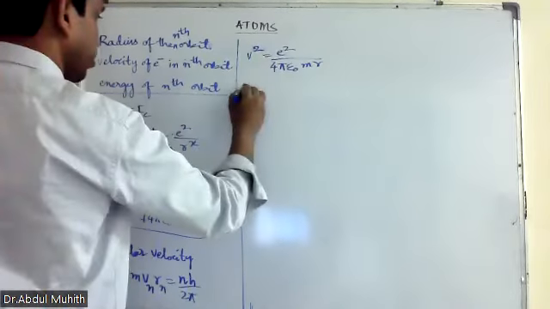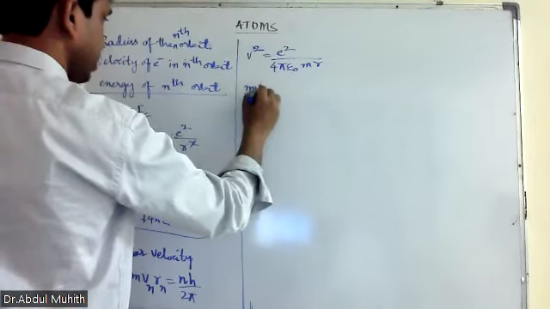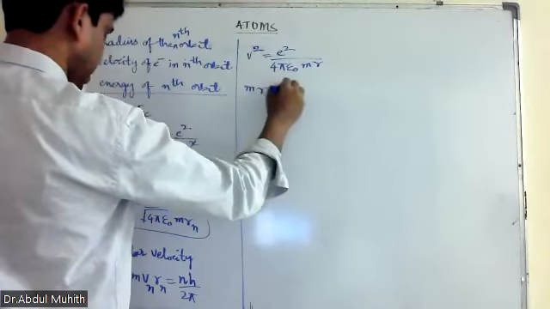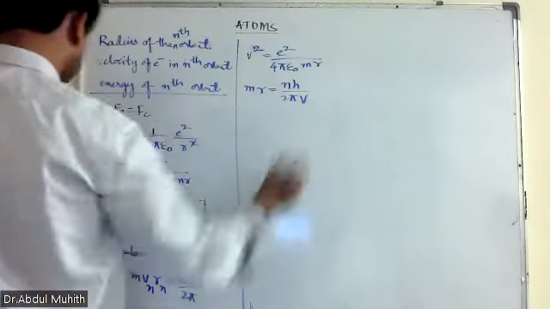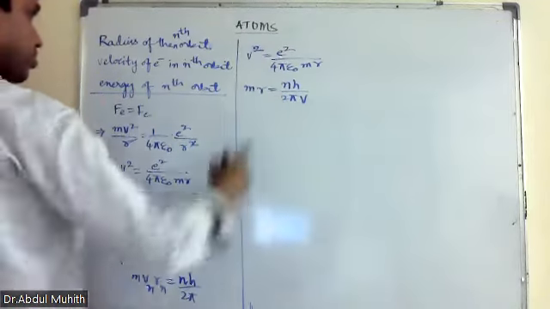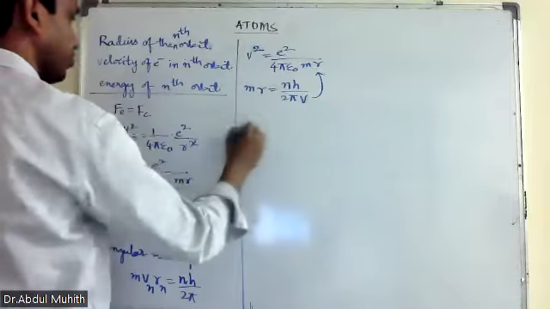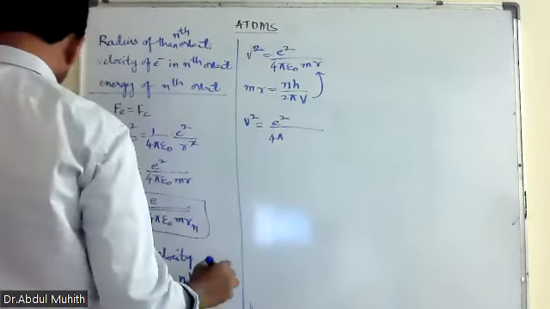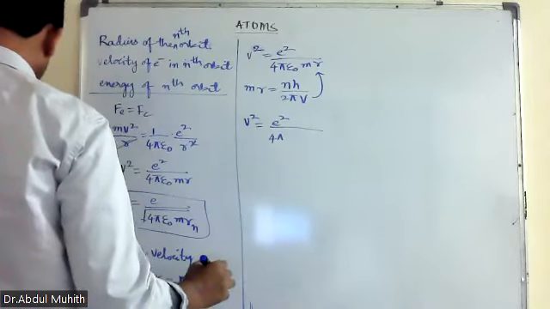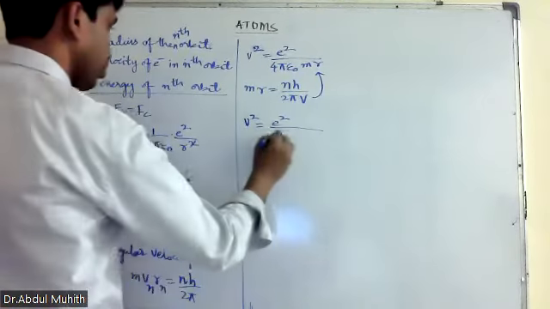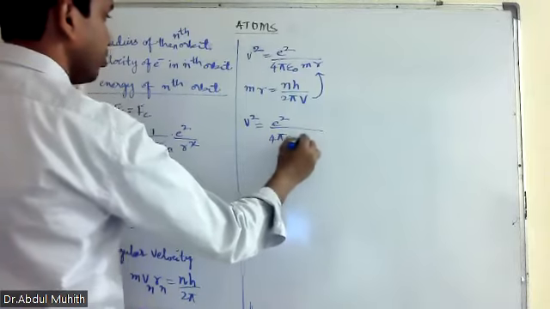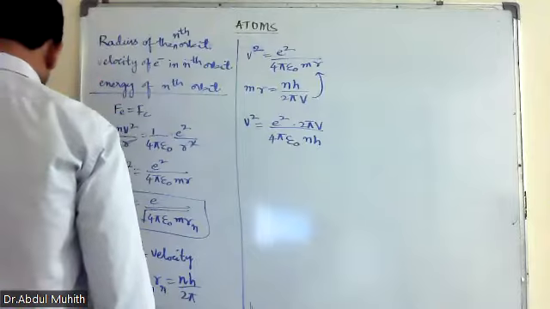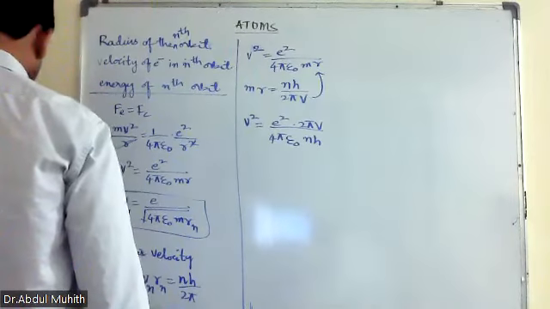We already know that mvr is equal to nh by 2 pi. So we write mr is equal to nh by 2 pi v. Is that clear? Now we are going to substitute this value in the place of mr. So v square is equal to e square by 4 pi epsilon 0 into nh by 2 pi v, or vn.